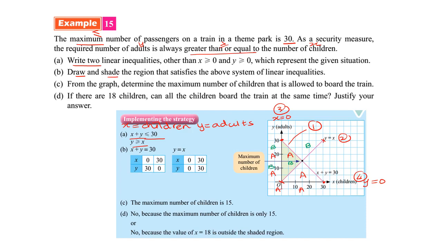And then the third line is x equals 0. The inequality is x greater than or equal to 0, so it's the region on the right, and we mark it as C. And the last one is y greater than or equal to 0, the region above the line, so we use letter D. Where is the common region?